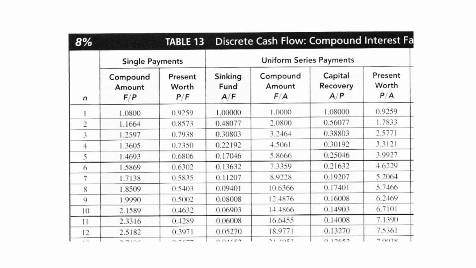Now the trickiest of the ones we've learned so far are ones that are involving F and A. The reason why it's so called tricky is that it's a little counterintuitive that the F is in the same year as the last time we see A. So for example, if we have a cash flow diagram where it's like 1, 2, 3, 4, 5, 6, 7.